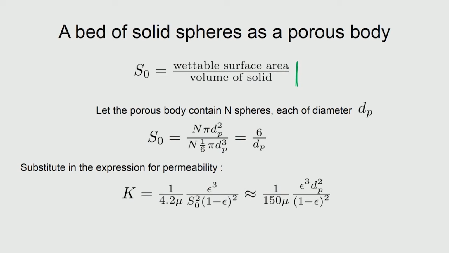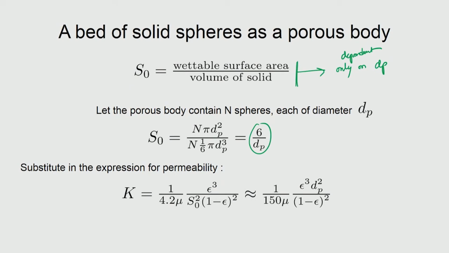The ratio would give you the S naught, and that comes out as 6 by dp. So which means that this entire quantity is dependent only on dp. So powder diameter is directly controlling how much of wettable surface area is available per unit volume of the solid.